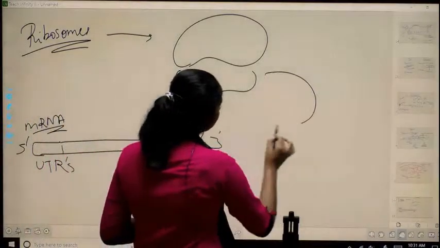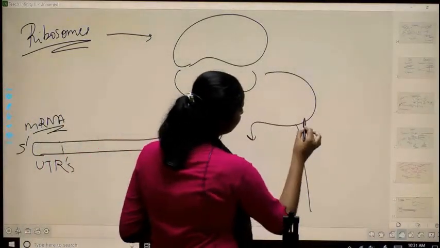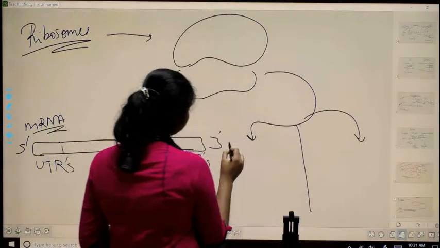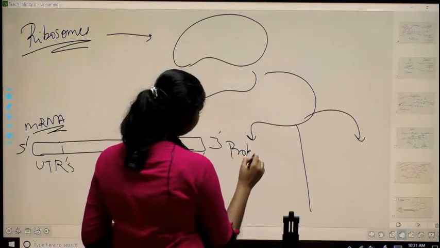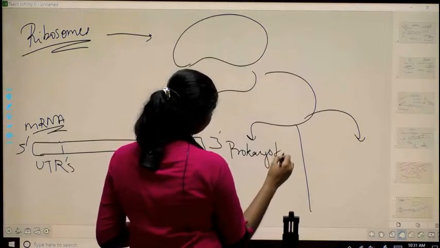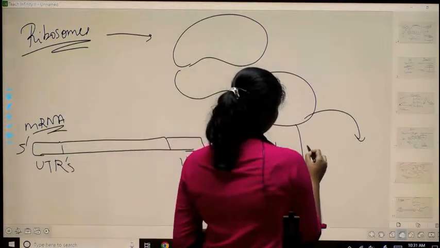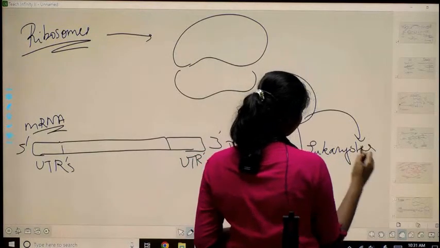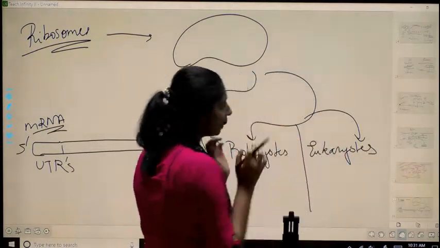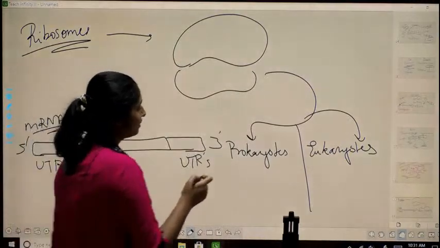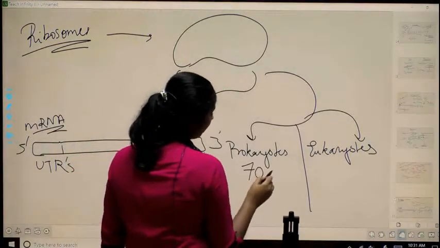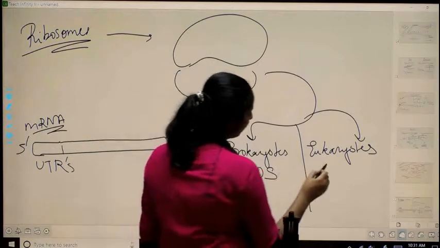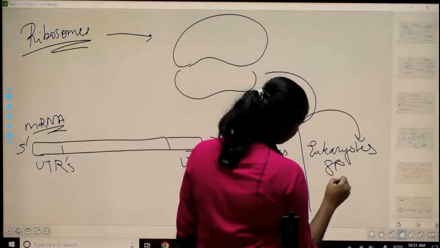And the type of ribosomes present in prokaryotes and eukaryotes are different. In prokaryotes, we have 70S ribosomes, whereas in eukaryotes, we have 80S ribosomes.